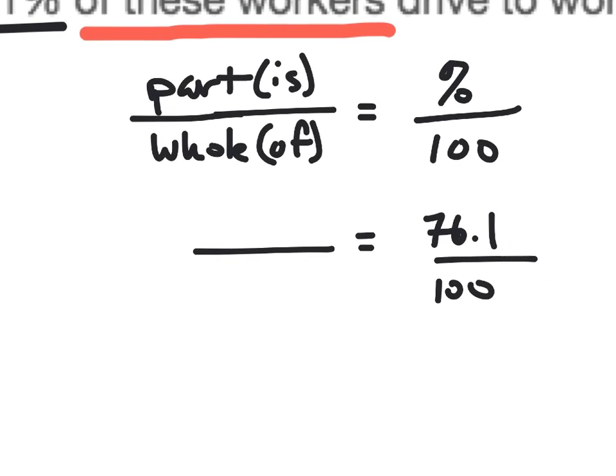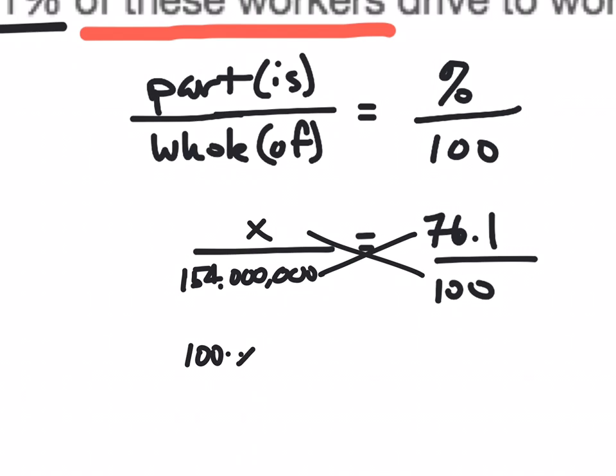So let's come over here. I'm going to put down 154 million. I'm going to put an X up here, and then we're going to cross multiply, so I'm going to get 100x is equal to 76.1 times 154 million.